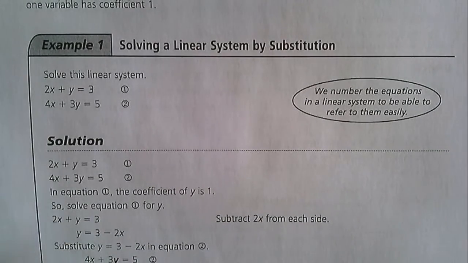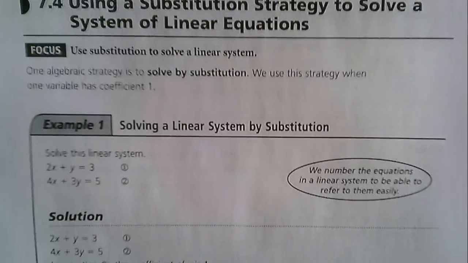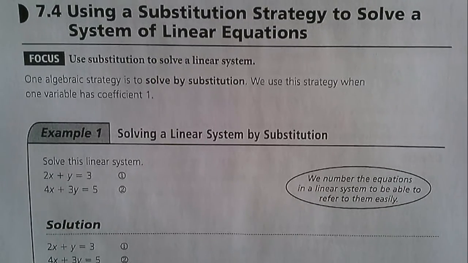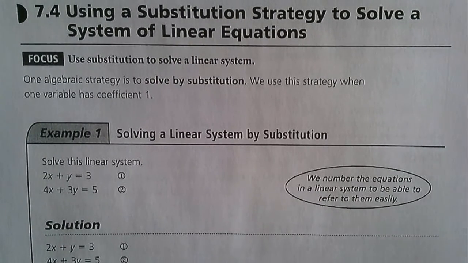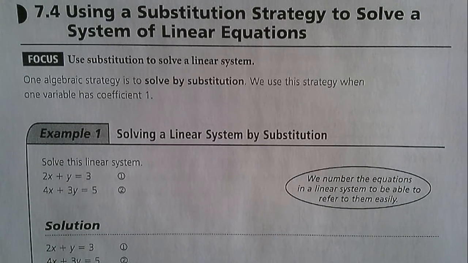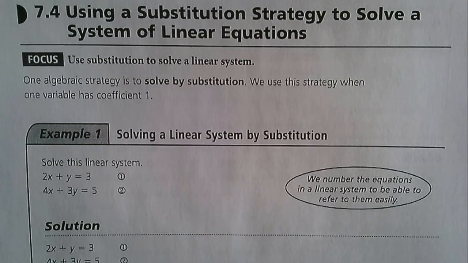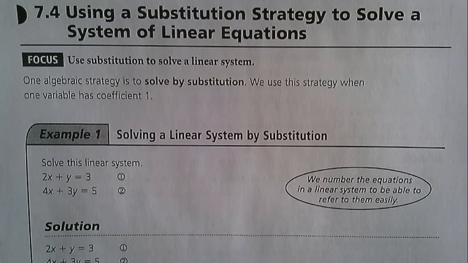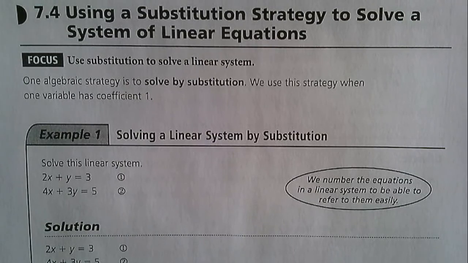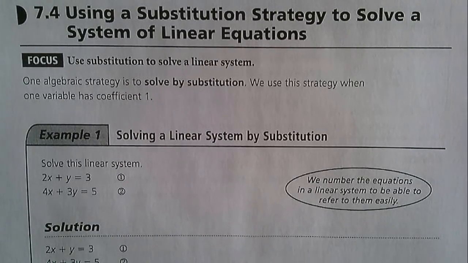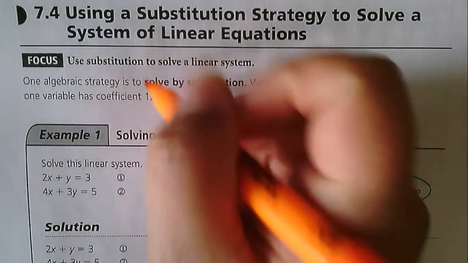Today we're going to be working on lesson 7.4, which is all about using substitution strategies to solve a system of linear equations. One algebraic strategy, algebraic meaning working it out manually rather than typing it into the calculator, is to solve by substitution.